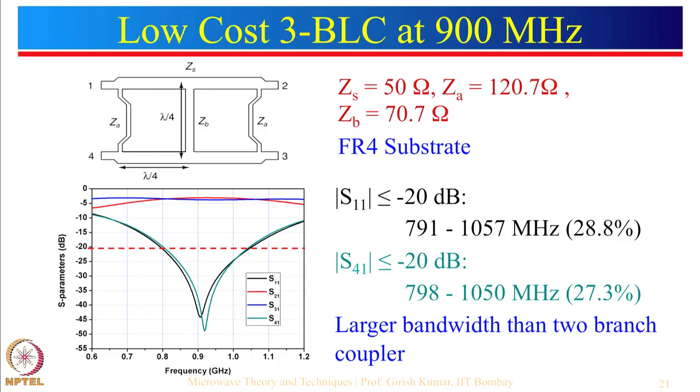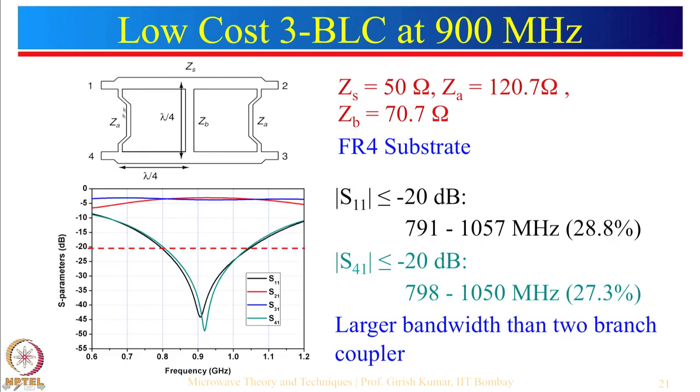So, here is an example of a 3 branch coupler, and for this 3 branch coupler, let me first show the concept point of view. So, here is an input 1, and outputs 2, 3, 4. From here to here 90 degrees, another 90 degrees, so the phase will be minus 180. From here to here there are 3 paths.